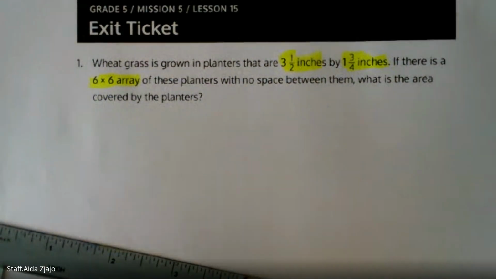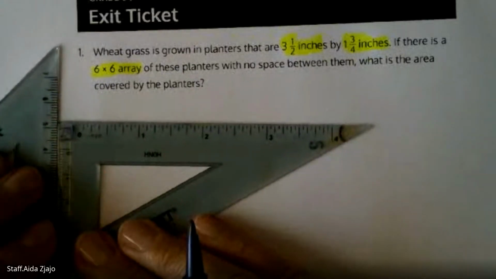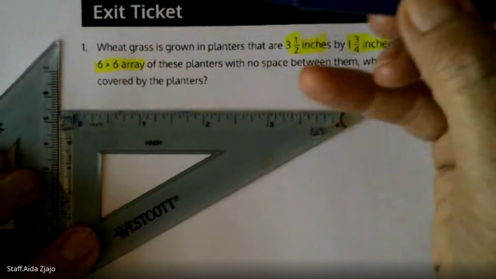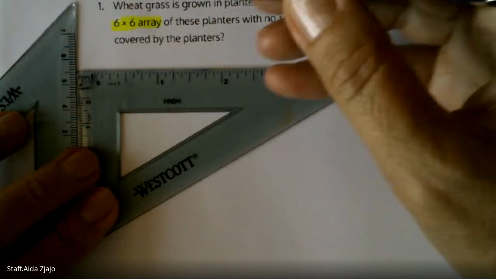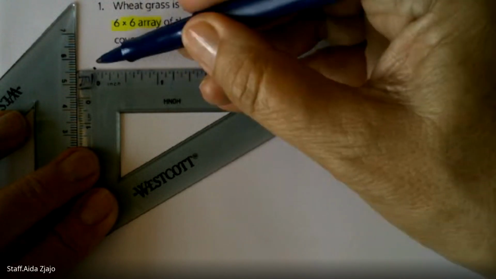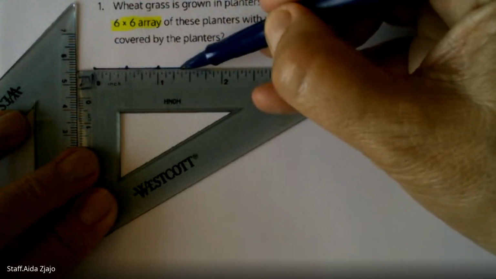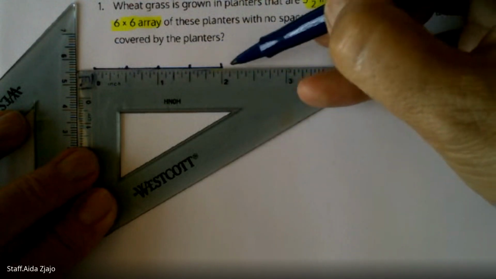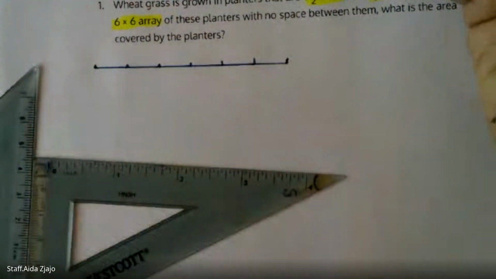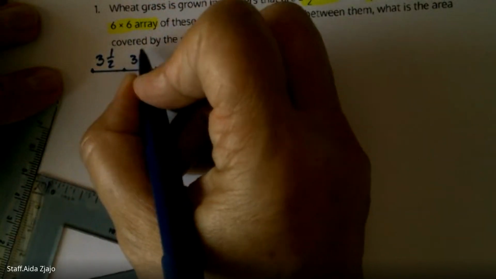So imagine that you are in Home Depot and you look for these wheatgrass planters. Let's use the drawing. There are 6 columns and 6 rows. If I think that this is 1, 2, 3, 4, 5, 6, those 6 would be 3.5 inches each.